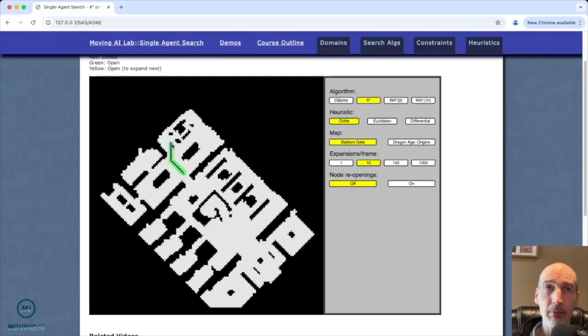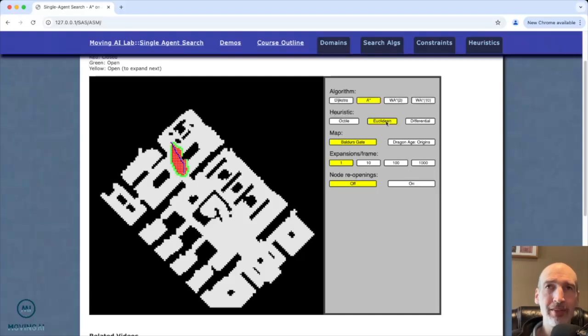It's with this diagonal plus cardinal, so for this, the octile heuristic is perfect. But we can see here that the Euclidean heuristic, and I'll slow it down, is not perfect because it thinks we can go straight to the goal. We can't actually do that. And so it considers, well, maybe I want to go out to here somewhere because at that point, I will then be able to go straight to the goal.